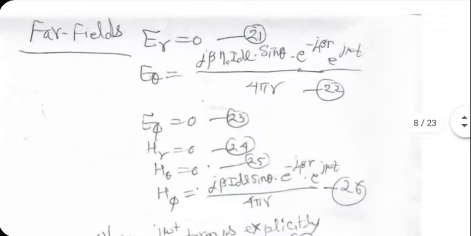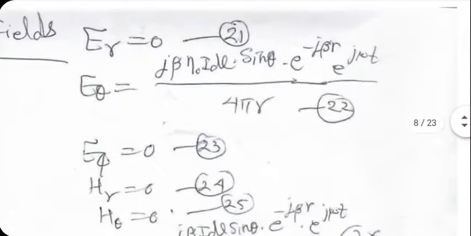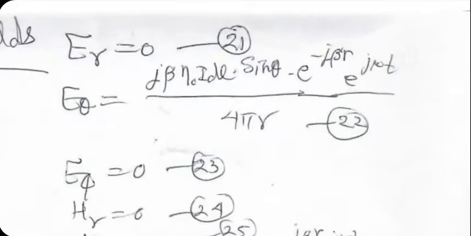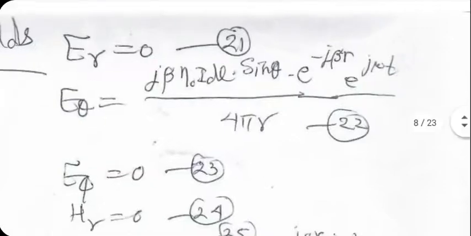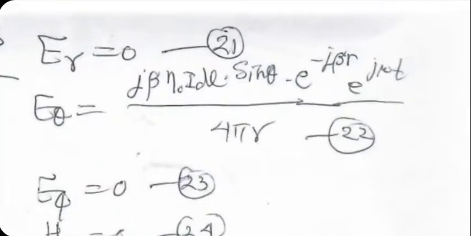Okay, now far field. E theta depends on beta, which is 2 pi divided by lambda. That means E theta actually depends on 1 upon lambda, which means it is directly proportional to frequency. 1 upon lambda means proportional to frequency. It depends on the current linearly, on the length linearly, and on sine theta linearly. e to the power minus j beta r is anyway only a phase component.